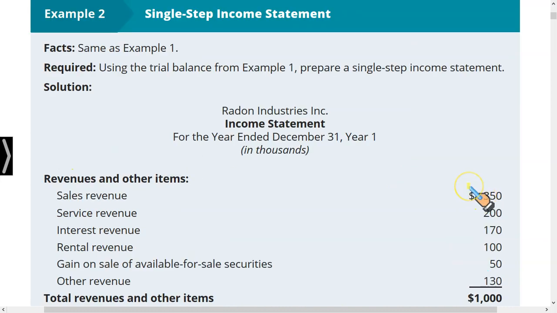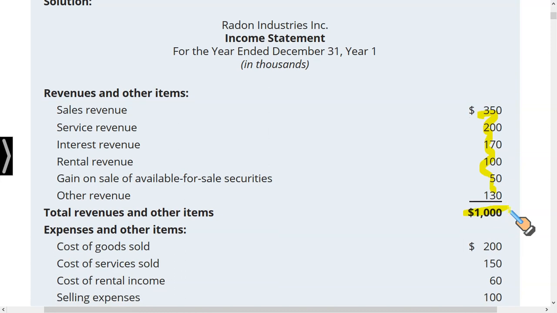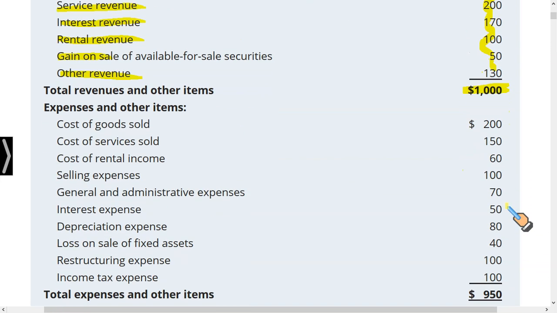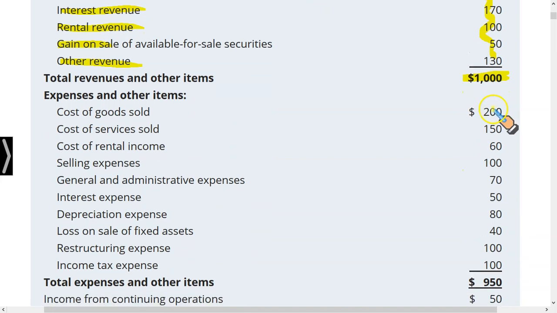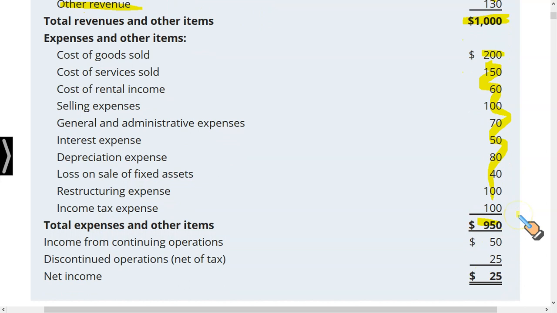So in a single step income statement, we make a shortcut. What we do, we add all our revenues, whether they are central or maybe just coincidental or peripheral: sales revenue, service revenue, interest revenue, rental revenue, gain from sale of securities, gain on disposal, and other revenues, all revenues in one place, and deduct all the expenses to get you a single figure for expenses.